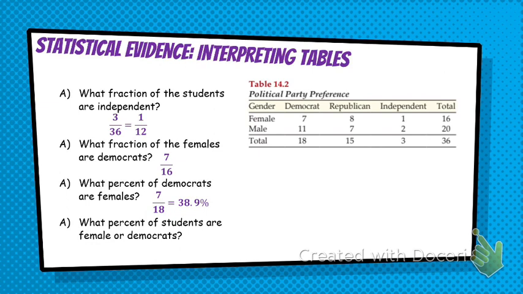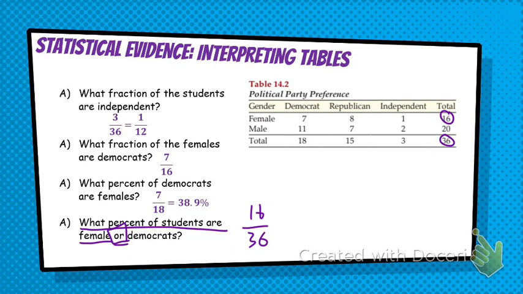So let's look at the first thing. What percent of students are female? Here's our total students, and here is our female students. So we have 16 out of 36 that are female, but this says or Democrats.